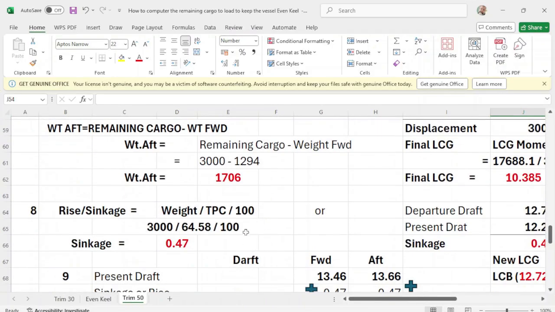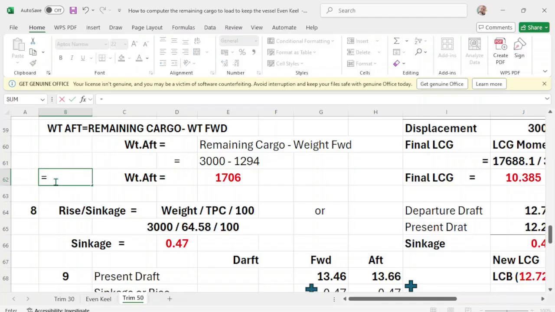So if you want to compute this one, equals 3,000 divided by 64.58 divided by 100, and the value would be 46. Okay, so this will be 46.